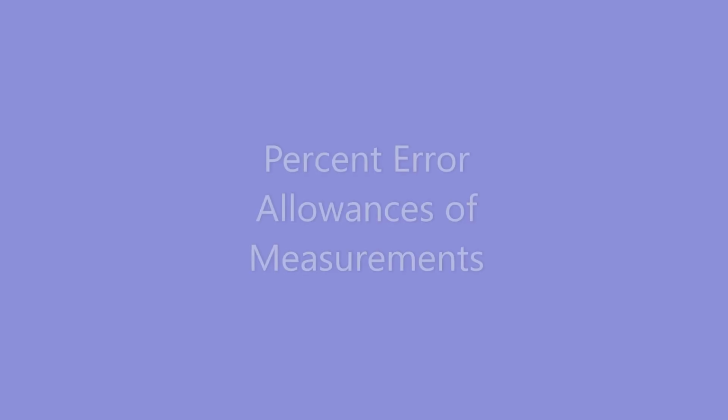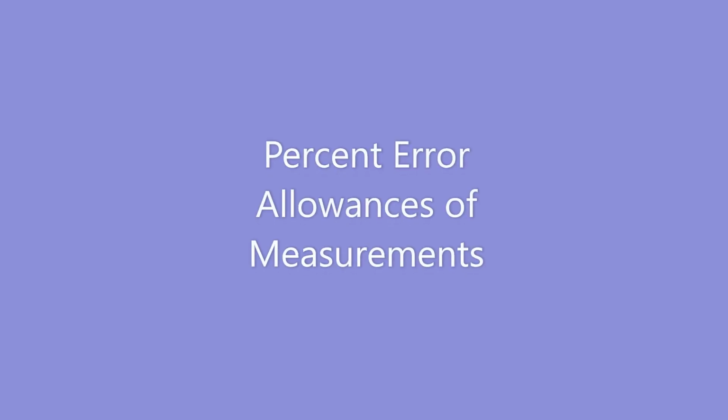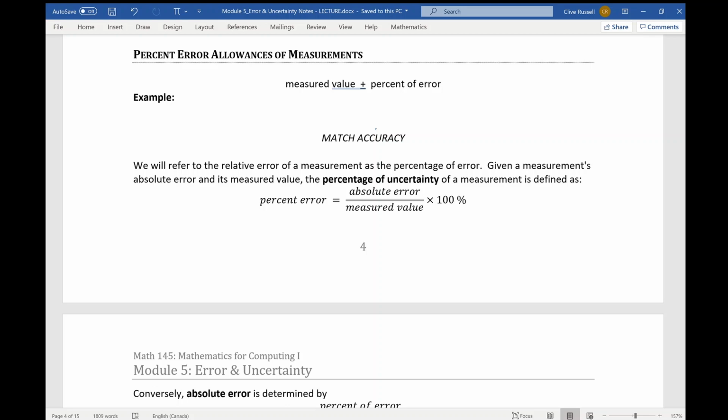Okay, so now we look at what we call percent error. Here's an example: 857 meters plus or minus 5.12%.